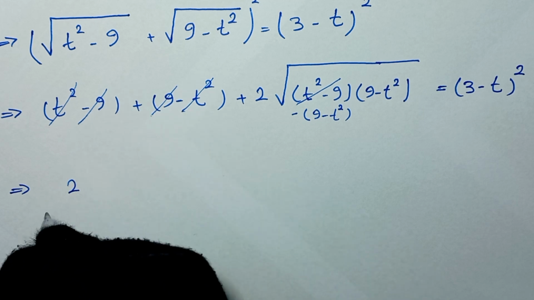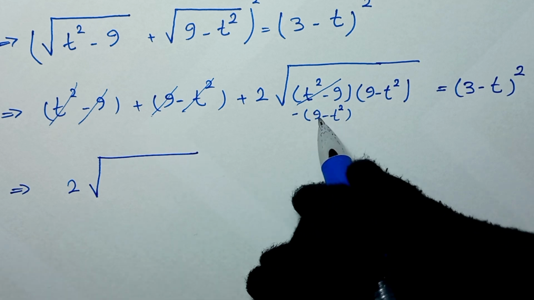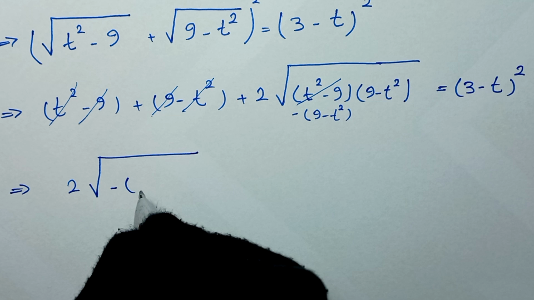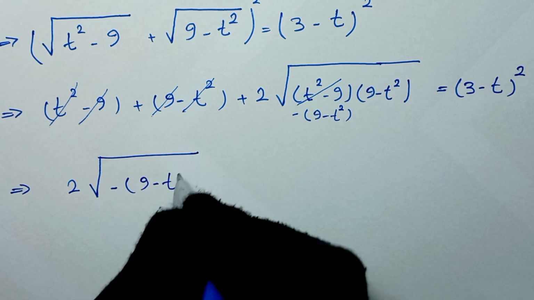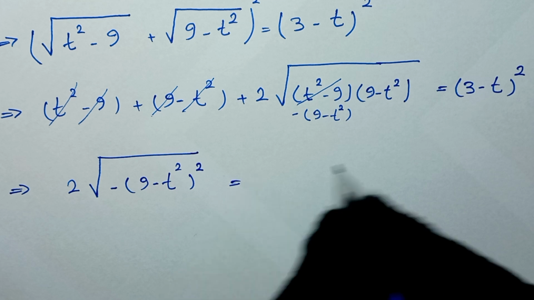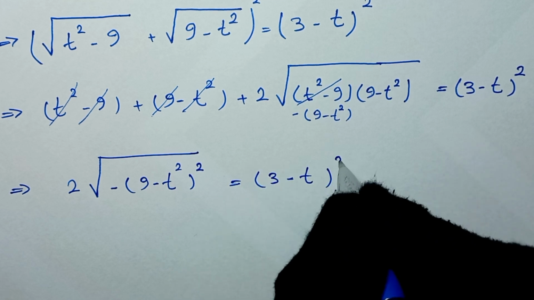And 2 times square root of, in here we have 9 minus t square, and times 9 minus t square, it will be negative 9 minus t square to the power of 2, right? Is equal to 3 minus t to the power of 2.